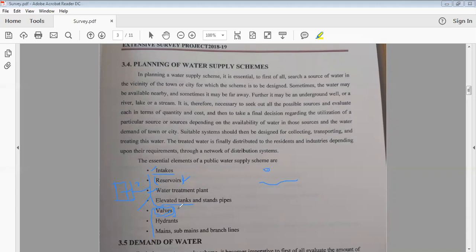So many valves mainly to function this treatment plant, just to operate it in a good way. Next, you have hydrants. It's nothing but fire hydrants. If you want to take the water from the treatment plant for fire extinguishers and all, we use this. Then you have this distribution network, which consists of main and branch lines. Through this we will supply water. So this is the complete picture of what you study in the subject water supply and treatment.